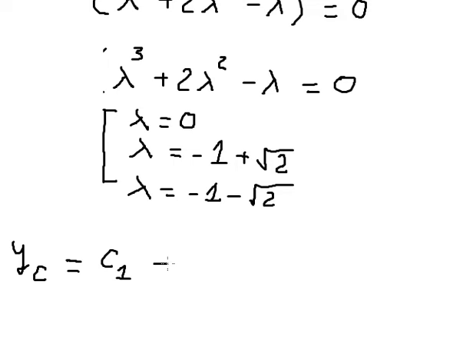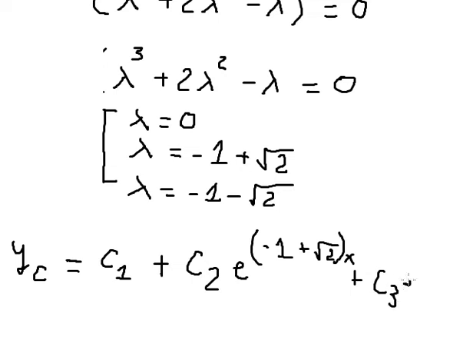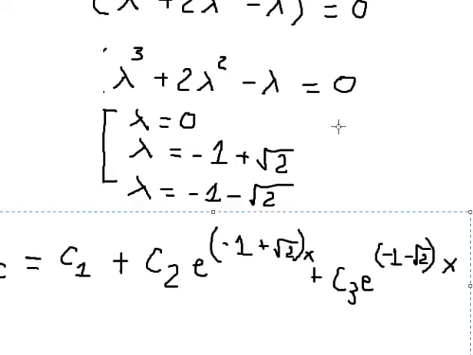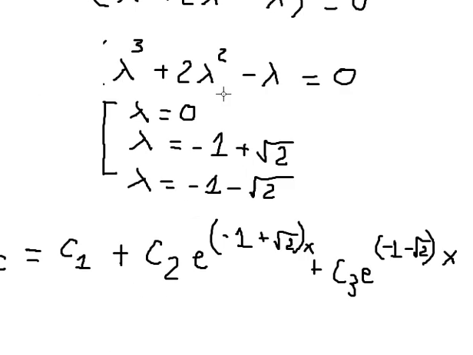The next one, we have c2 e to the power of negative 1 plus the square root of 2 s, and c3 e to the power of negative 1 minus the square root of 2 s. And here is the answer for the complementary solution.